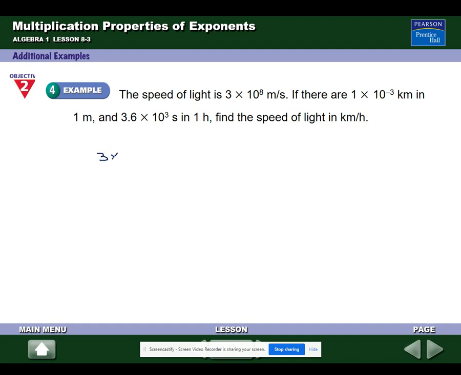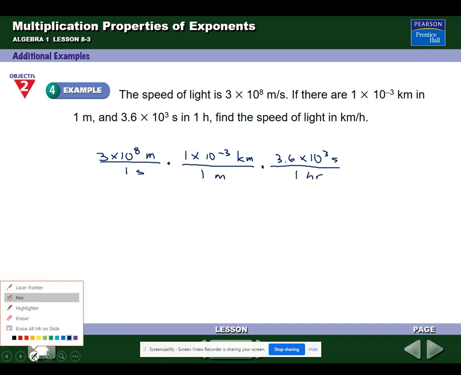You've got 3 times 10 to the 8th meters in 1 second. And you're multiplying that by 1 times 10 to the negative third kilometers in 1 meter, and you're multiplying that by 3.6 times 10 to the third seconds in 1 hour.